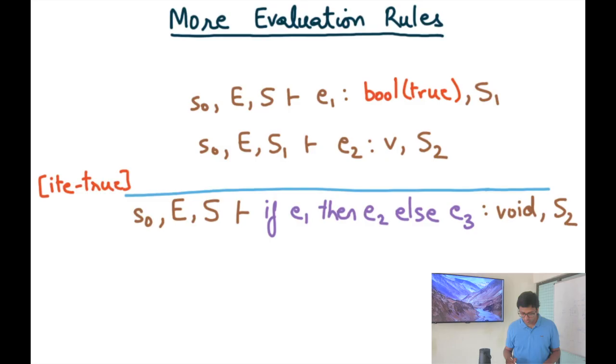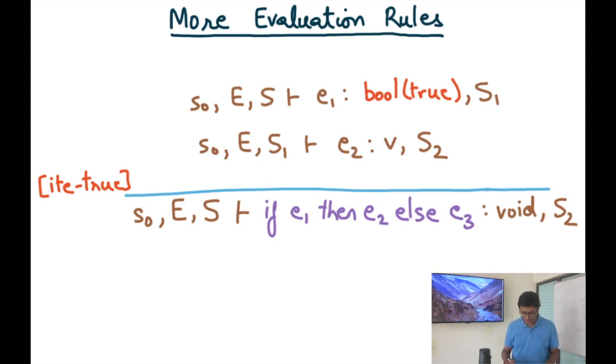If E2 returns V comma S2, we just ignore the value V, because the semantics of our language are that this expression returns a void value. This was also discussed when we were discussing typing rules for our language. So the value is void, we ignore V, but the side effects are captured in the store S2, which is obtained after evaluating E2, and again E2 is evaluated in S1.